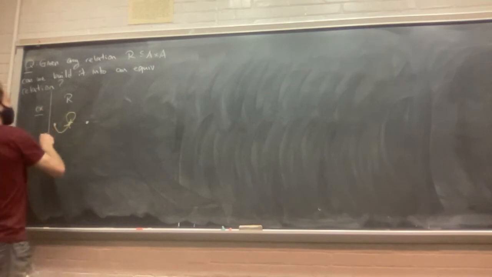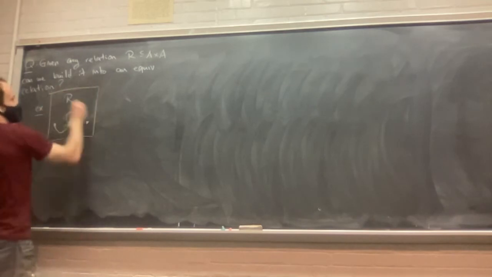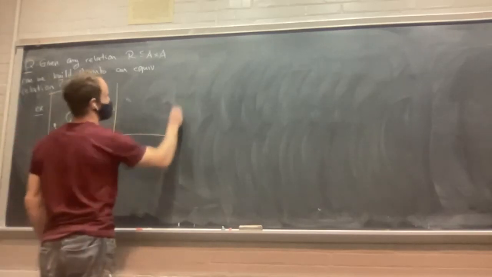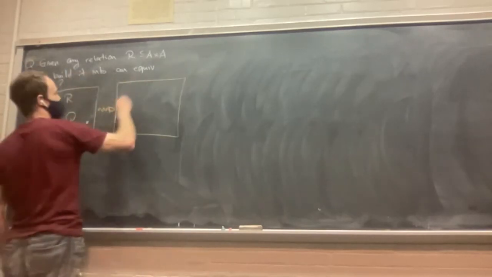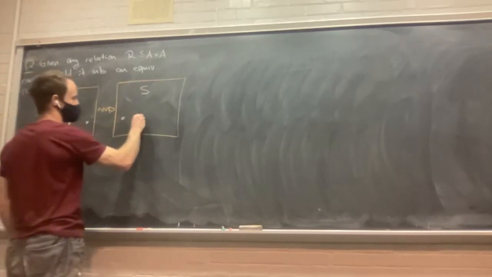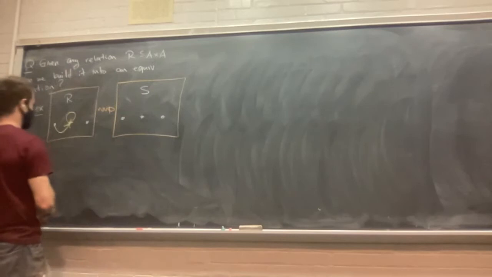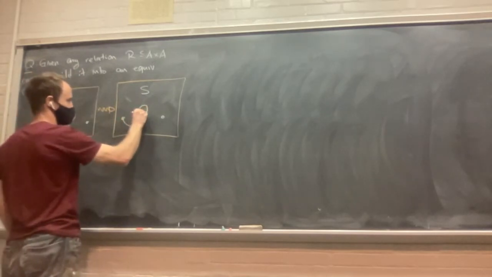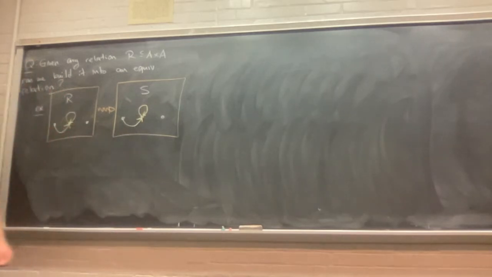So what could we do to take this relation R and build it until it is an equivalence relation, which we'll call S? So I'll put the same 3 dots here. And then I'll add these edges like that.